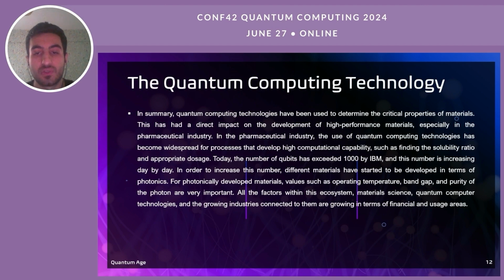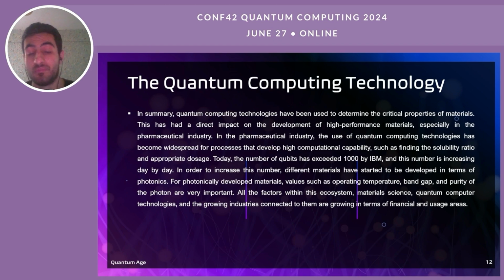In the pharmaceutical industry, the use of quantum computing technology has become widespread for processes that require high computational power, such as finding the solubility ratio and appropriate dosage. Today, the number of qubits has exceeded 10,000 at IBM. It is very important to achieve advanced technology.